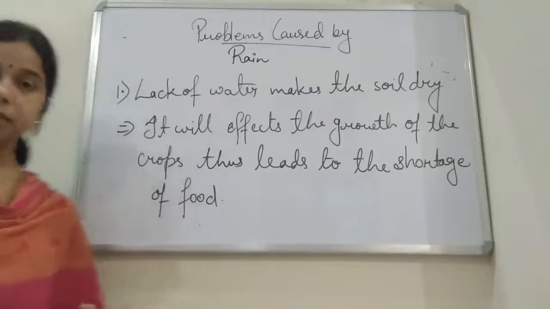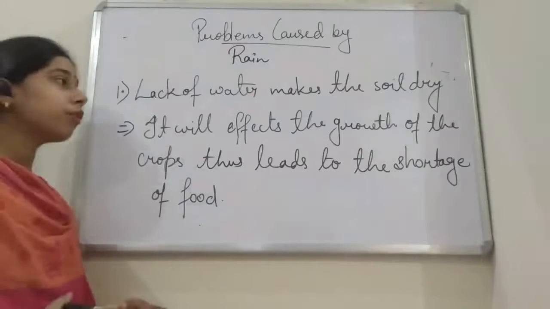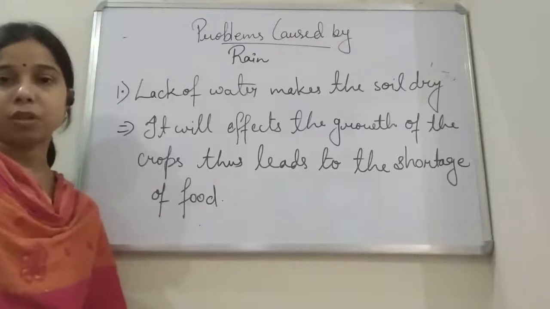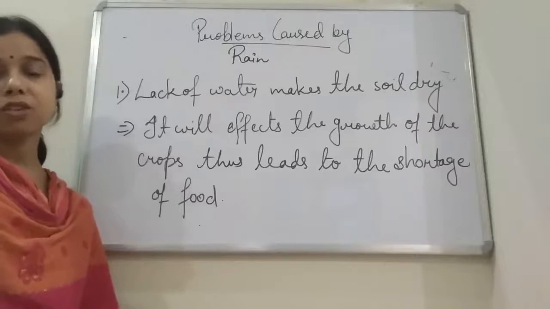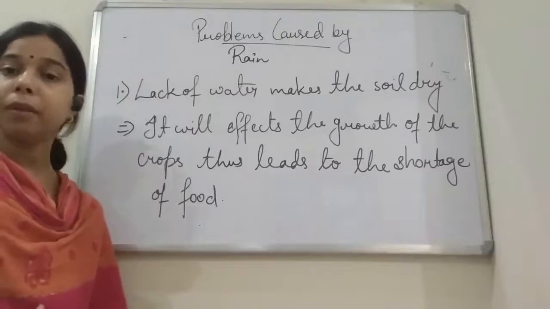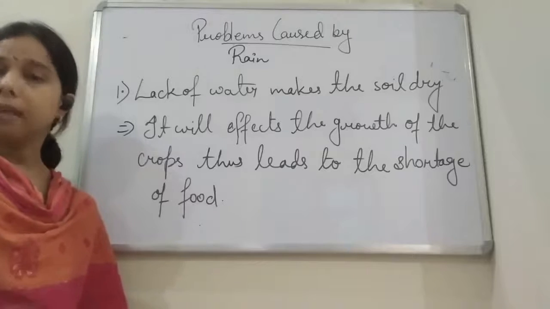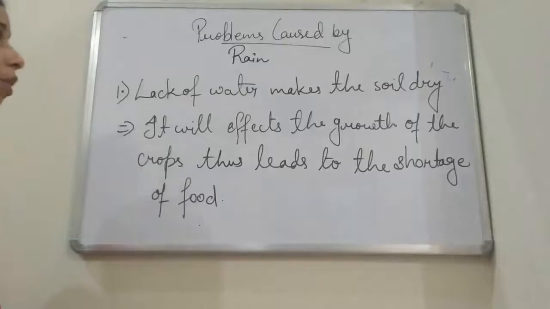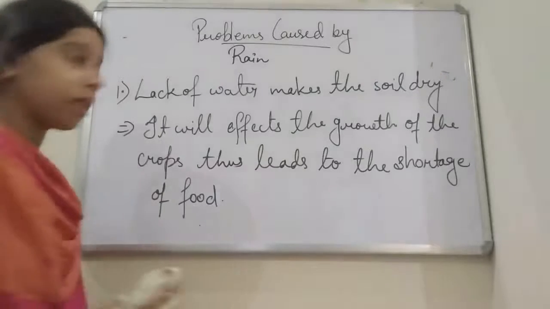Okay, so scarcity of food is due to the lack of rainfall, students. Drought is a condition in which the availability of food is very low. So shortage of food is the first consequence of drought.